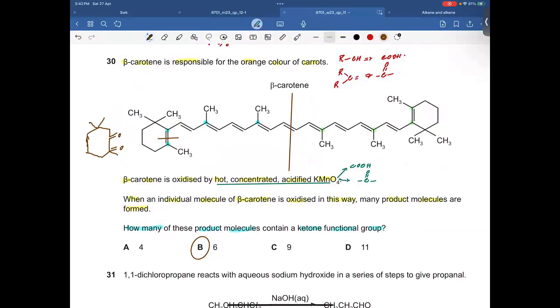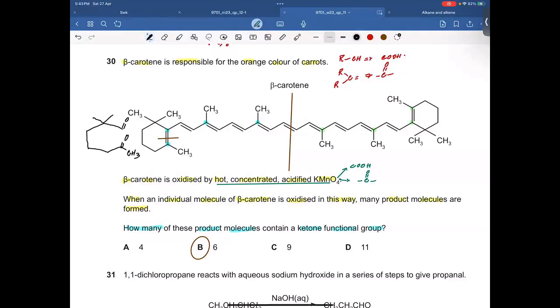Okay. Oh, my bad. Okay. This must be the structure. This is going to be ketone, and this is going to be ketone with CH3.